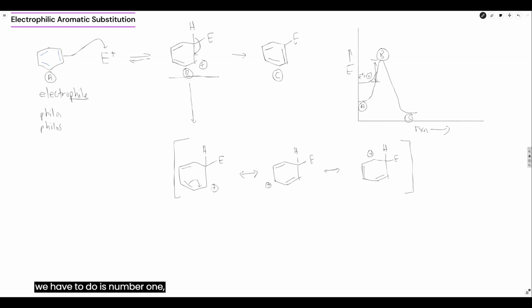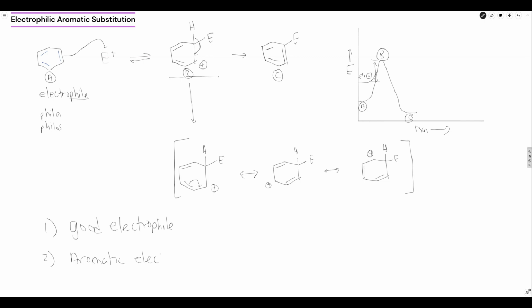So one of the things we have to do is, number one, we need a good electrophile, something which really is very electron deficient and is looking for a pair of electrons. And number two is, ideally, you want the aromatic to be electron rich. So the more electron rich the aromatic, the more quickly this reaction will typically proceed.